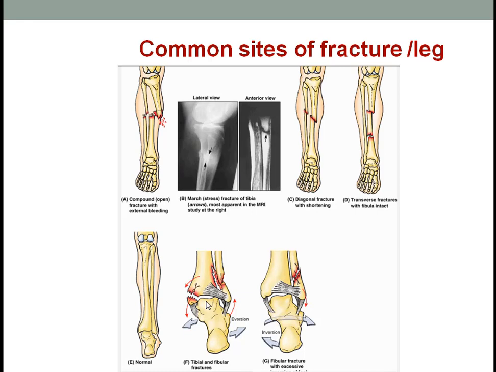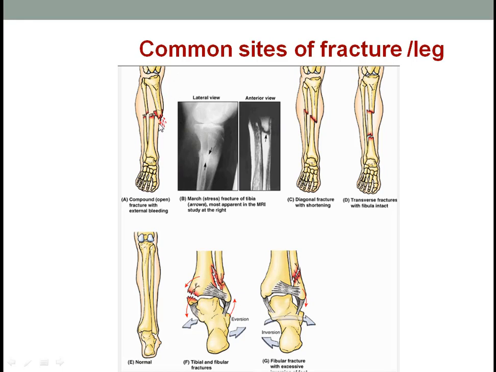A common site of fracture is the midshaft fracture of the tibia and fibula. Usually they are combined together, as we see here, or it could even be a segmented fracture or a simple diagonal or oblique fracture, as you see here.